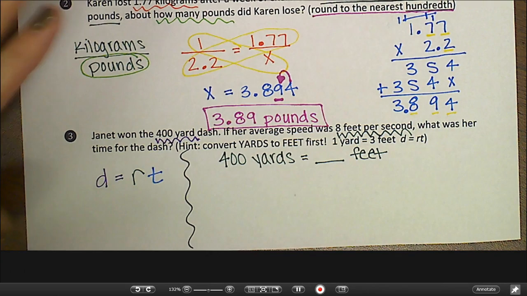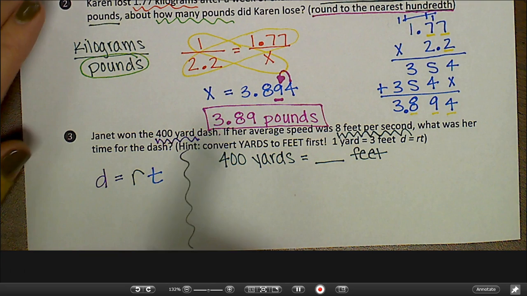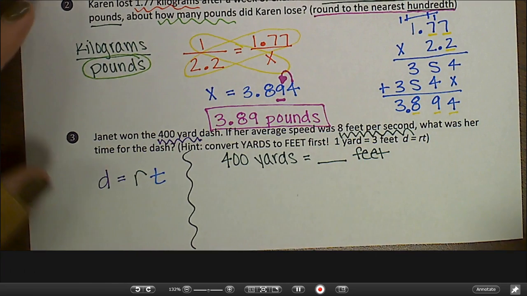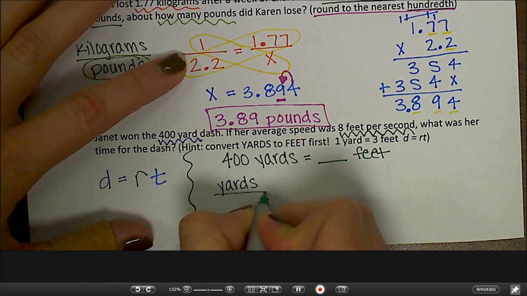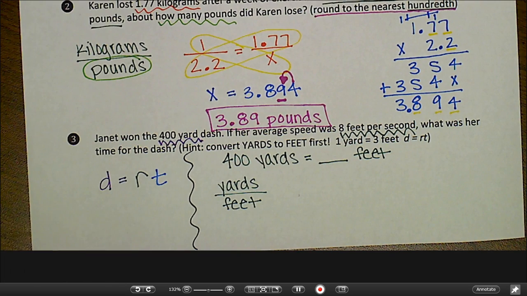And that's what we're solving for. So just like up here, we named our ratio, kilograms over pounds. Here we're going to name our ratio, yards over feet. Again, you could do feet over yards, but this way is just the order it's given in the problem.